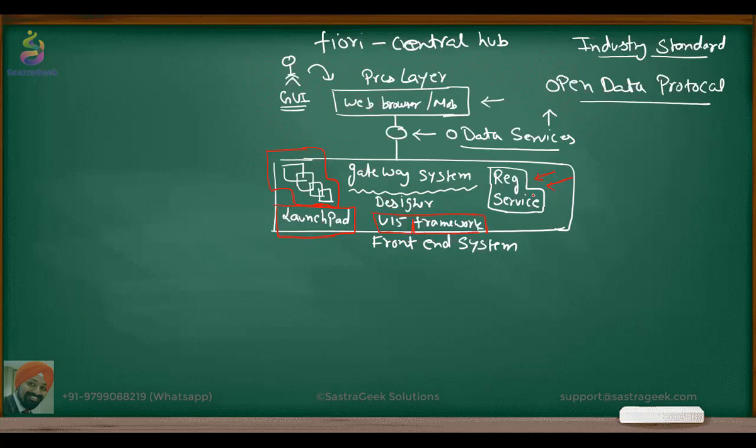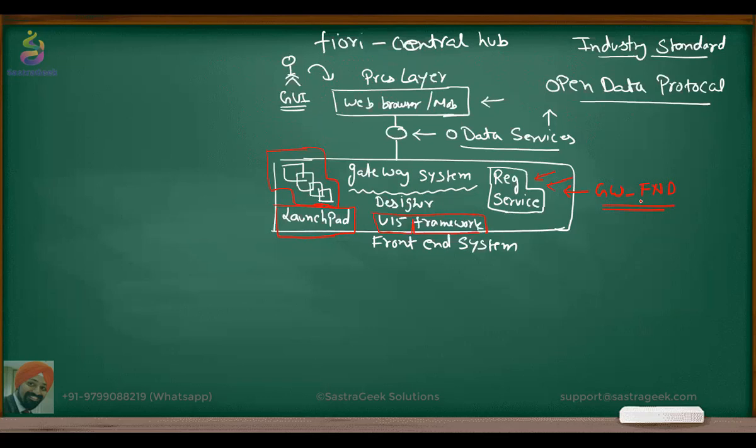The technical name of this front-end system is GW_FND. That is a technical component which needs to be installed on a NetWeaver system to make sure that we are able to expose our data to the web browser. So that is the gateway system.